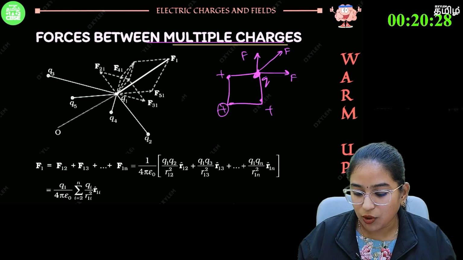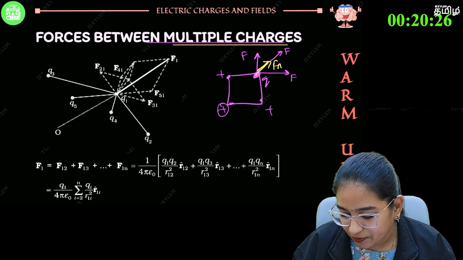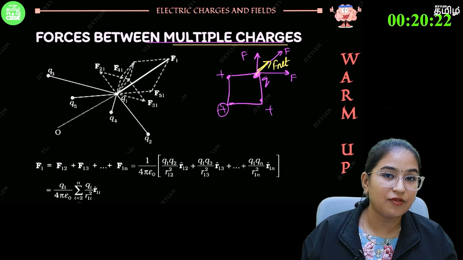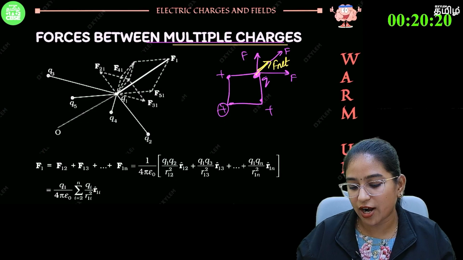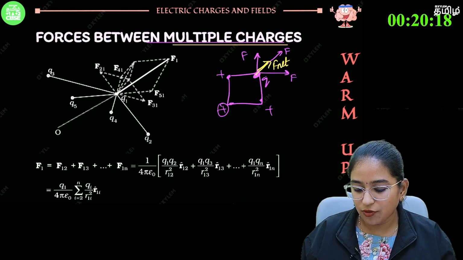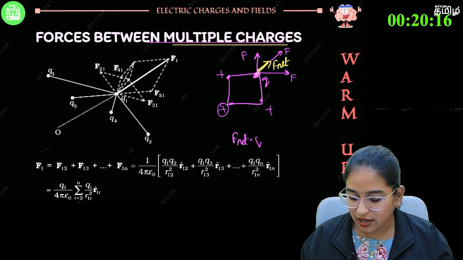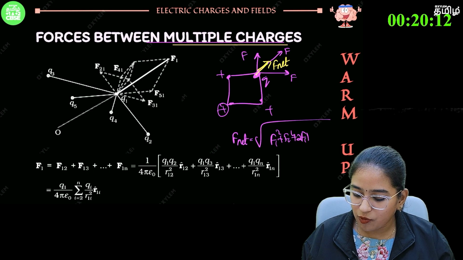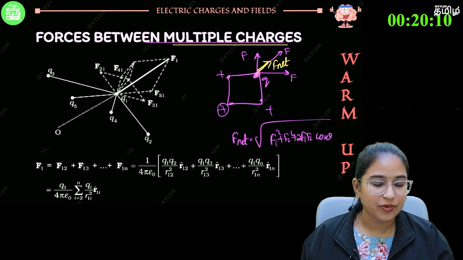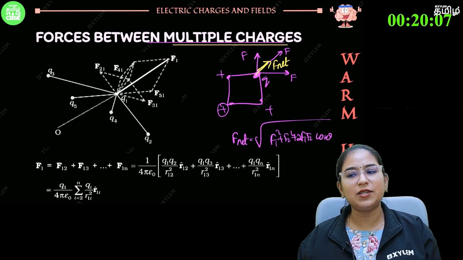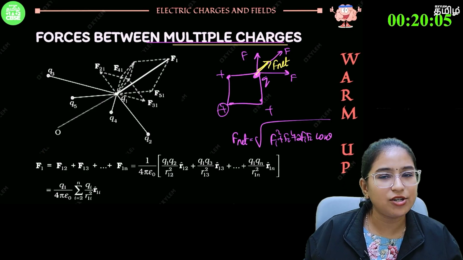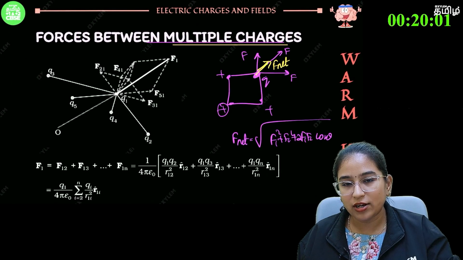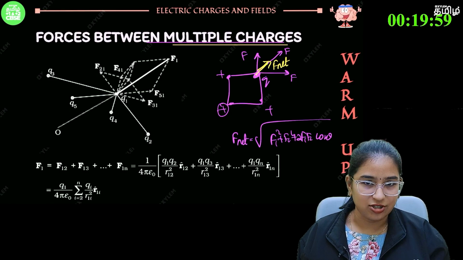So the net force lies here. You can use vector addition, like the parallelogram law of addition. The net force can be written as root of F1 squared plus F2 squared plus 2 F1 F2 cos theta, where theta is the angle between the two forces. So while plotting the directions of the forces, just be cautious.